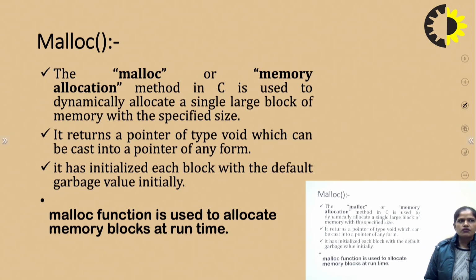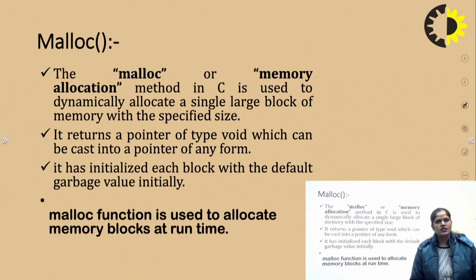So basically, first of all, we are talking about the malloc function. In the last session, I gave a brief description about these functions, and here the malloc function is basically used to allocate the memory. So the question is where we allocate the memory.